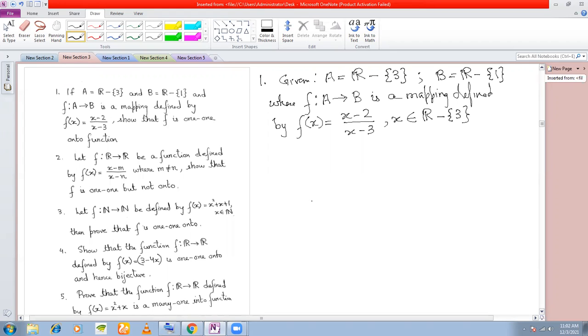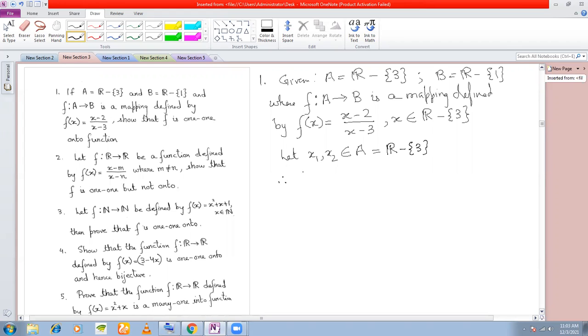First we shall show that f is an injective function. How do we show? Let x1, x2 be any two elements in A. What is the set A? R minus the singleton set {3}. Let x1, x2 be any elements in R minus {3}.